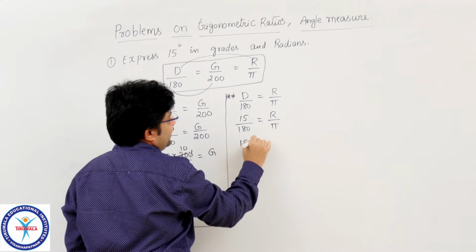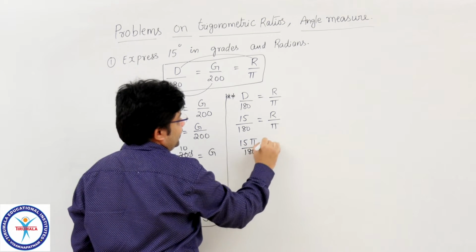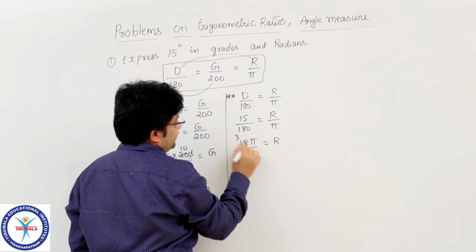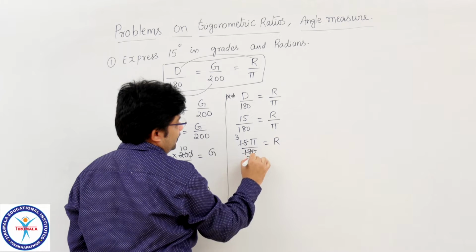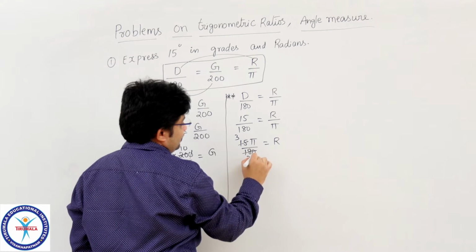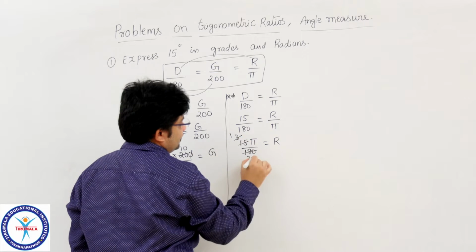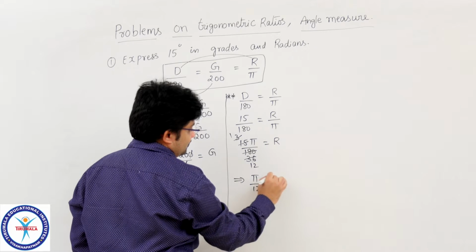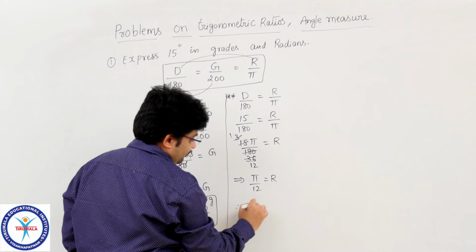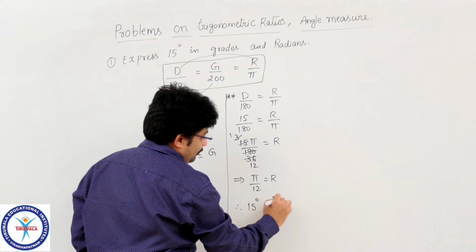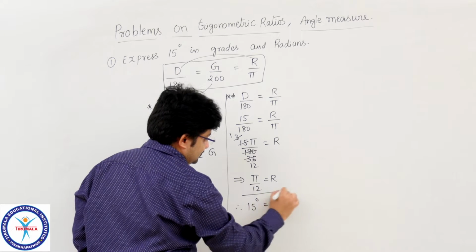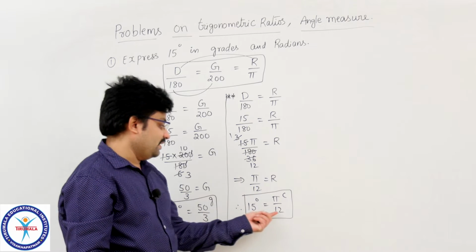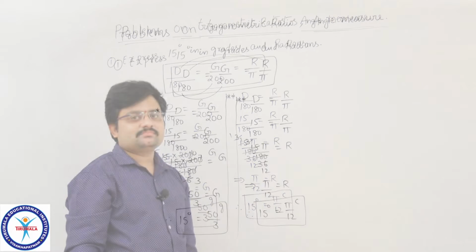Therefore, 15 pi by 180 is equal to R. Cancelling with 5, 5 3s are 15 and 5 36s are 180. Again 3 1s are 3, 3 12s are 36. After cancelling this, you will get pi by 12 is equal to R. That means 15 degrees is equal to pi by 12 radians. That means we have converted the 15 degrees into grades and radians.